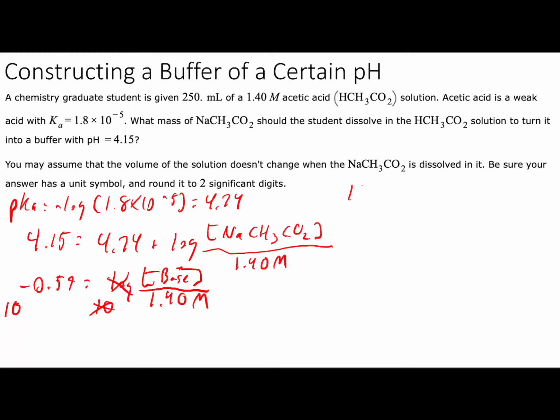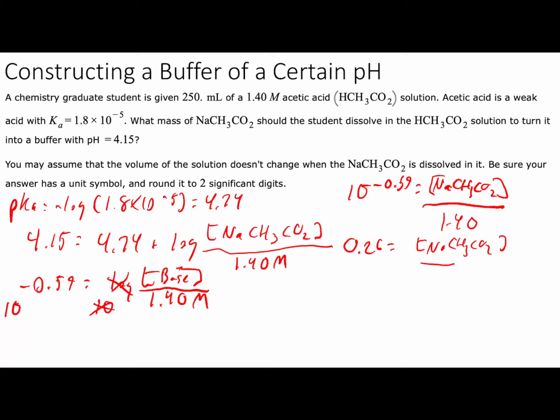And so ultimately what we get is 10 to the negative 0.59 equals base. In this case, we'll reinsert now the concentration of the base, [NaCH3CO2], over 1.4 molar. Well, 10 to the negative 0.59 power is 0.26, equals [NaCH3CO2] over 1.4.